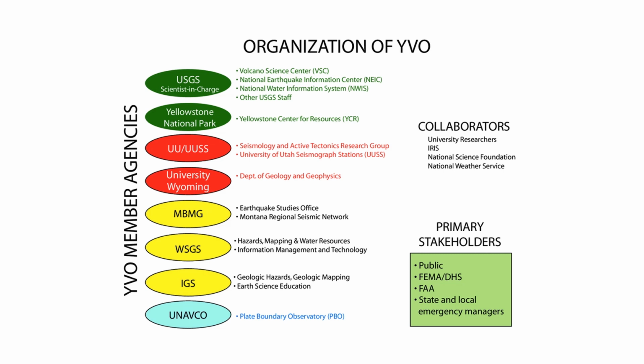These organizations are mainly volcanic scientific research and funding support organizations, including both public and NGOs, such as the USGS and Yellowstone National Park, as well as seismology and active tectonic research groups and universities, and some plant and biodiversity observatories.